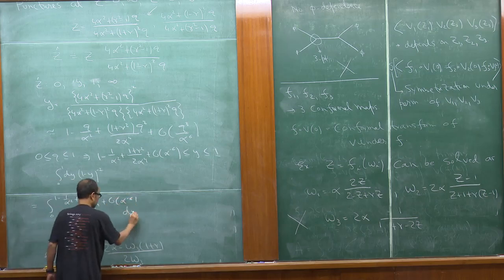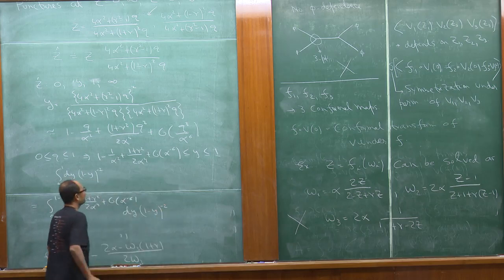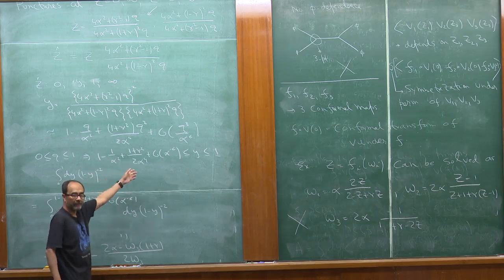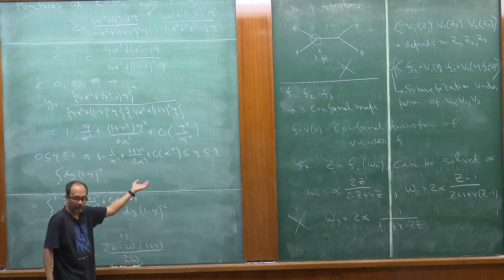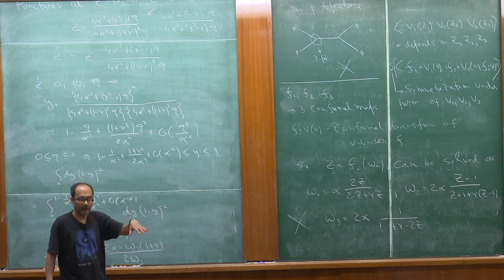You don't need to keep the first Taylor expansion around y equals 1 for the other half of the integral. For the other part, you've kept the most singular term. Yeah. So, for the other ones, right, in principle you have to change the variable for the other terms also. But because they are non-singular, whether you change variables from y to q and do the integral or whether you do the integral in terms of y makes no difference, right.